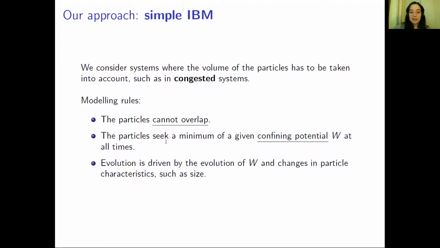Then particles seek a minimum of a given confining potential at all times. So we assume that the tissue, or the cells, are always trying to release strain, reaching a minimum of some energy.